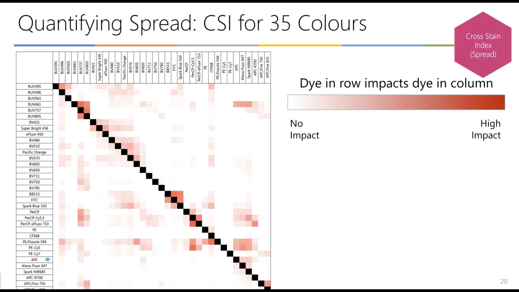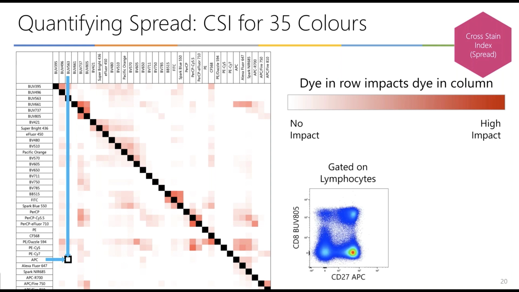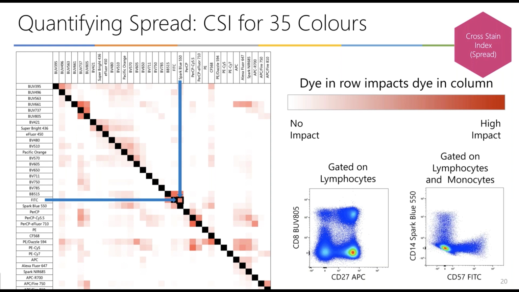For example, when we look at the spread of APC into BUV395, 0% spread is observed and all our populations are well resolved. Conversely, when we look at the spread of FITC into Spark Blue 550, 76% spread is observed. And as a result, that negative population is significantly spread. And in order for us to manage this spread, these 2 fluors have been assigned to mutually exclusive antigens whose expression patterns are well resolved from the negative.